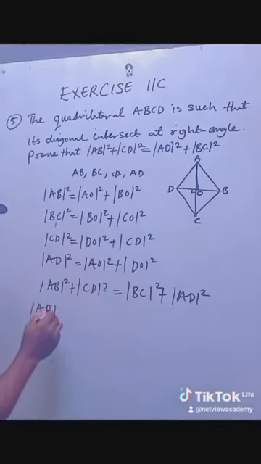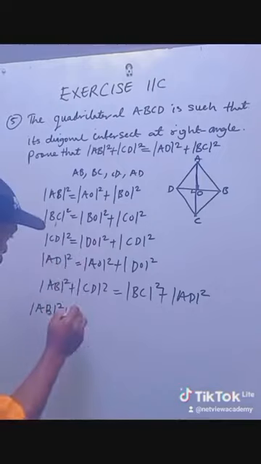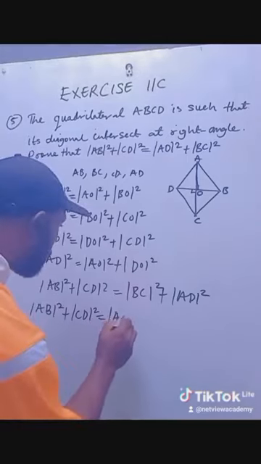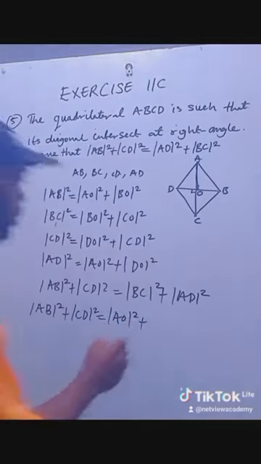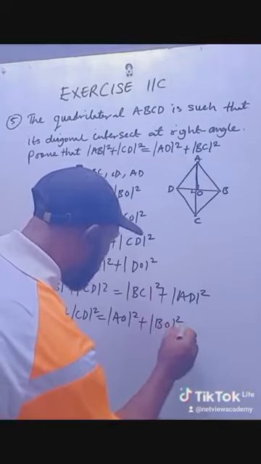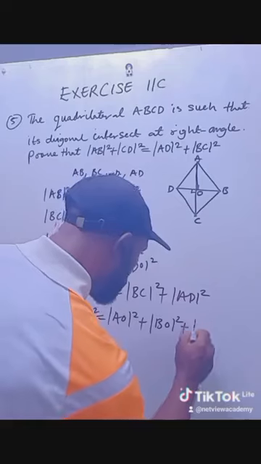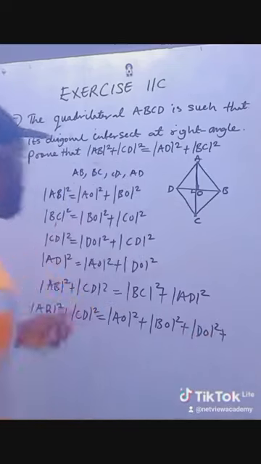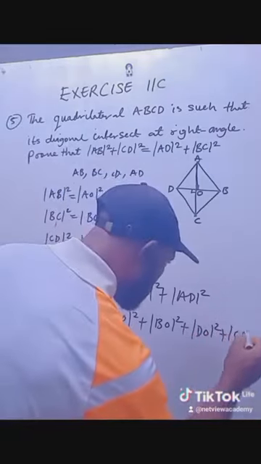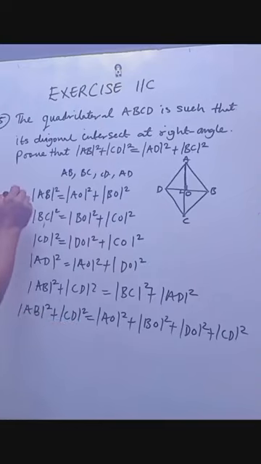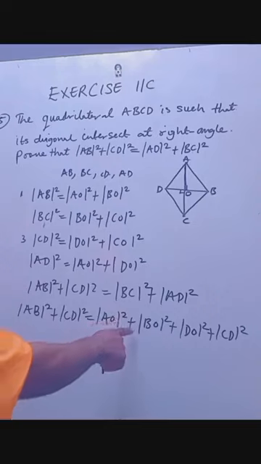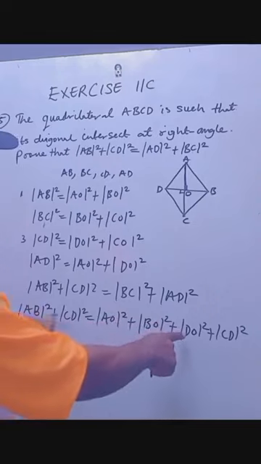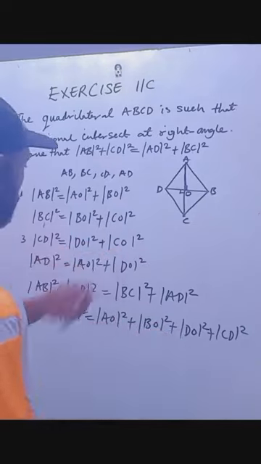AB squared plus CD squared is equal to the value of AO squared plus BO squared plus DO squared plus CO squared, which is the first and the third expression.